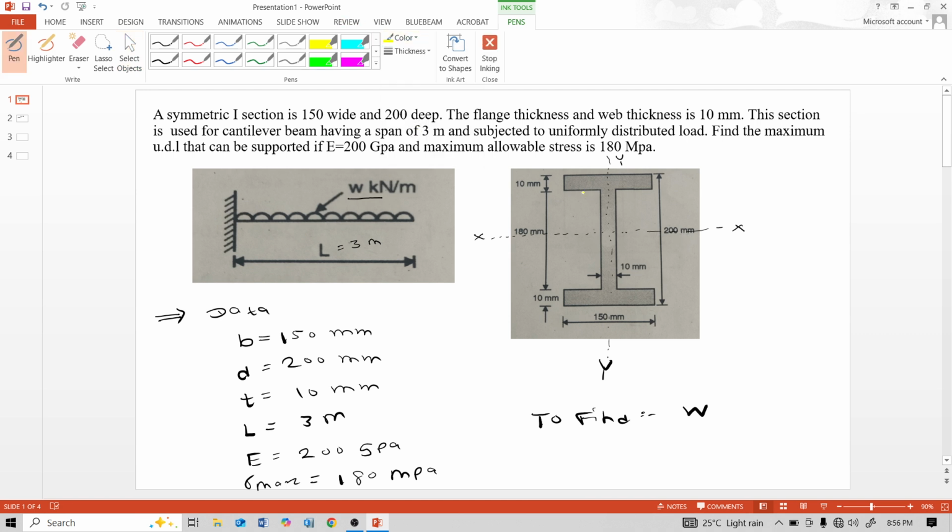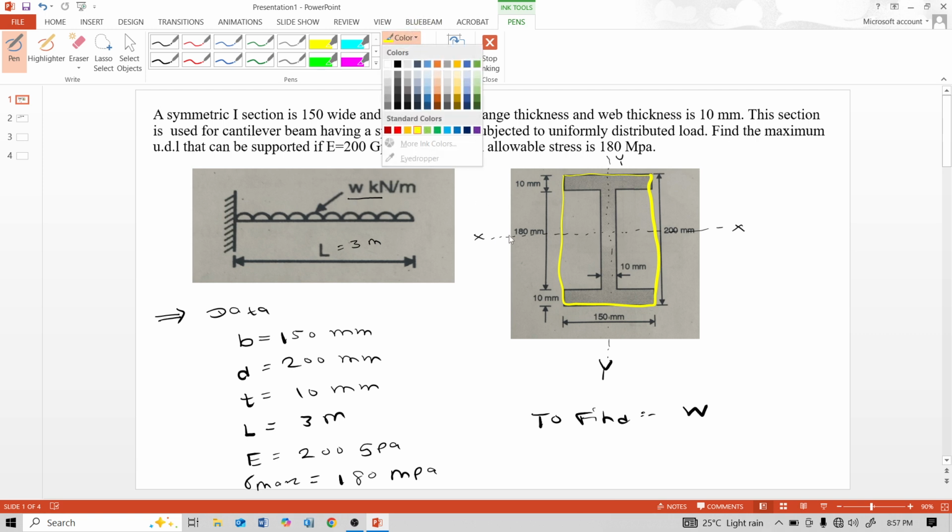So first, consider this whole rectangle, this full rectangle first. This full rectangle width is 150 mm, and we have to calculate the moment of inertia about the x-axis, about this axis. So the side parallel to this x-axis is 150 mm. That means 150 as it is multiplied by 200 cube divided by 12. This is the moment of inertia for this yellow rectangle.